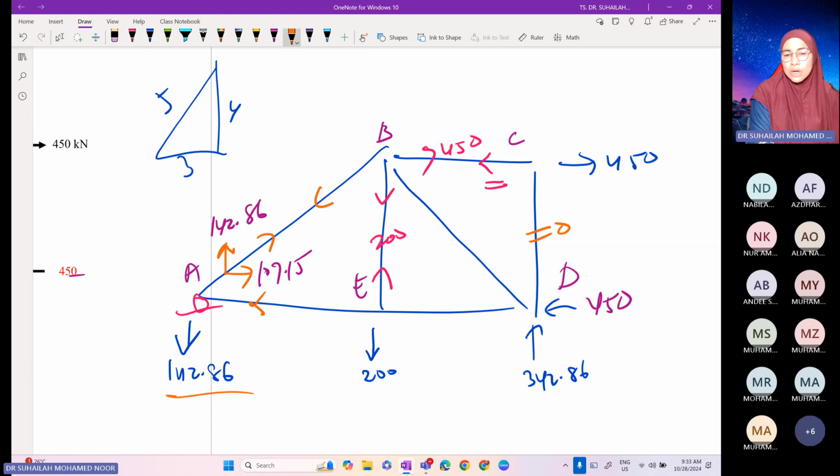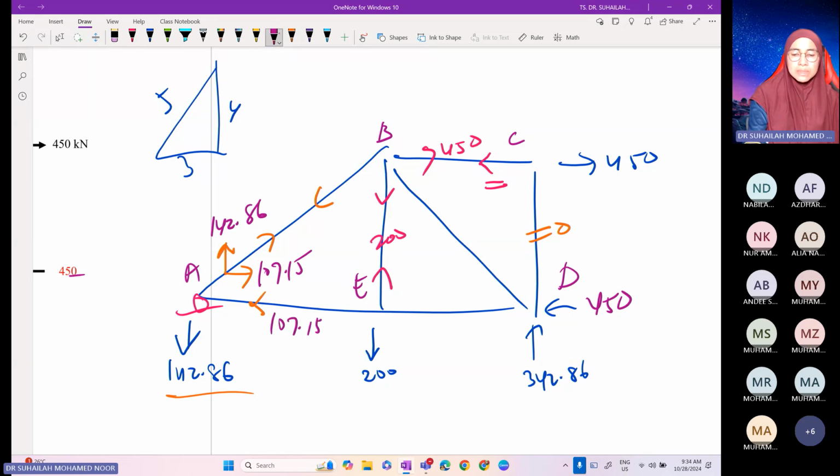So bila kita dah remove roller, remove reaction, redundant, dia jadi roller. So dia roller lah, dia tak ada value kat situ. Okay, so nak balancekan 107.15 dapat daripada member AE. Member AE, arrow dia ke kiri lah sebab opposite dengan yang incline member tu. So this is 107.15.